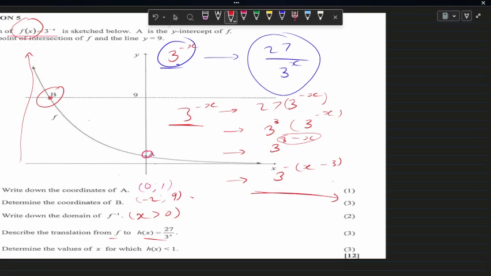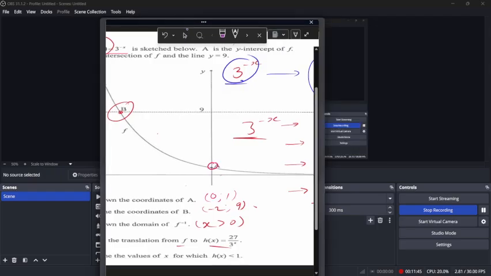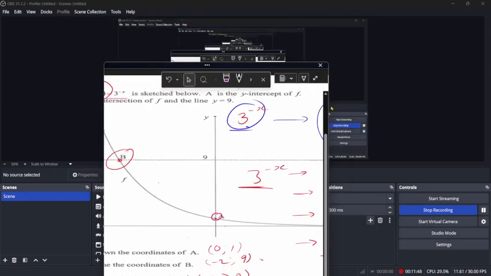Okay, now in order for us to understand this, we need to understand the features of an exponential function. Okay, so we spoke about this. We said that an exponential function is given by this form, the form of y is equal to a times b to the power of x minus p plus q.